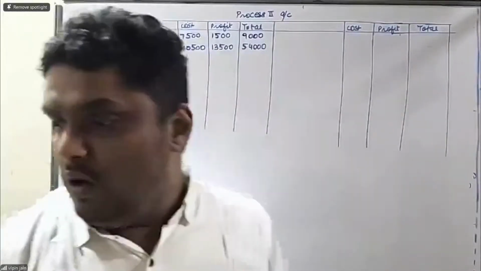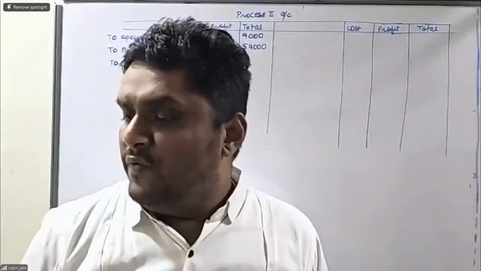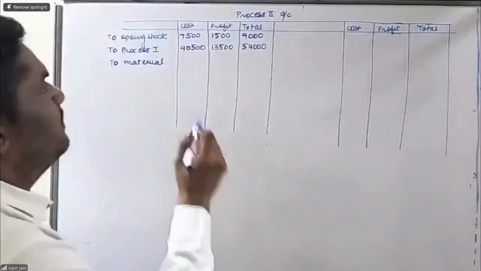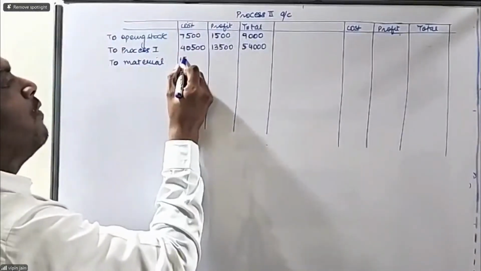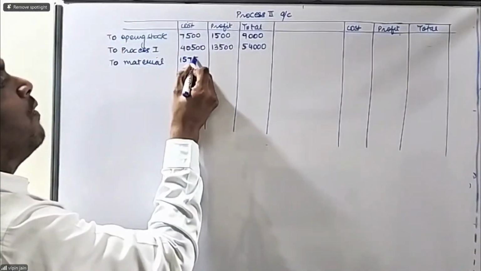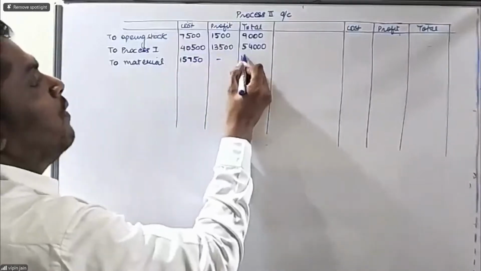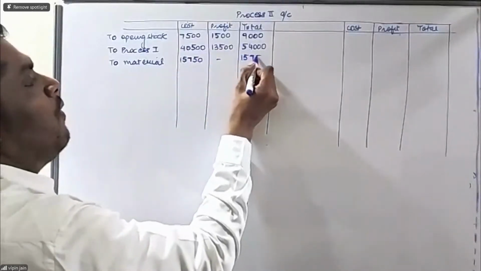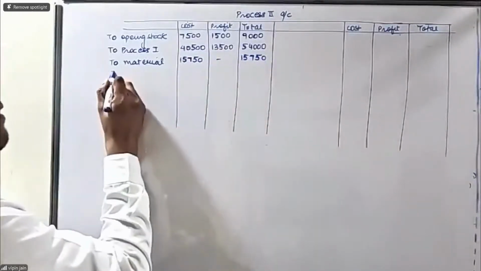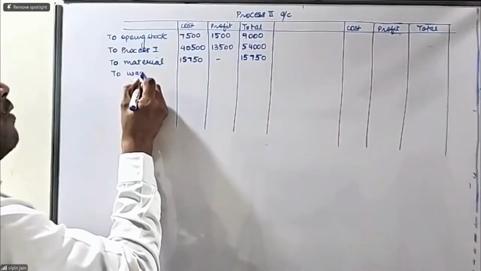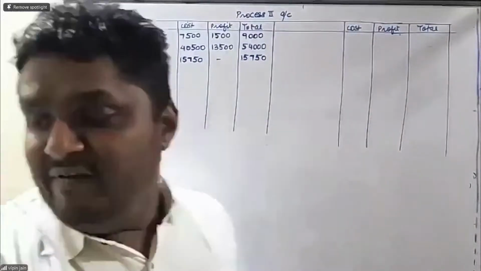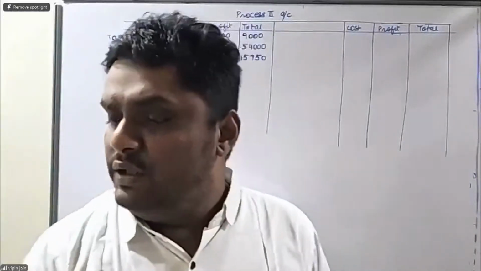So my material cost is 15,750. My wages cost is 11,250.